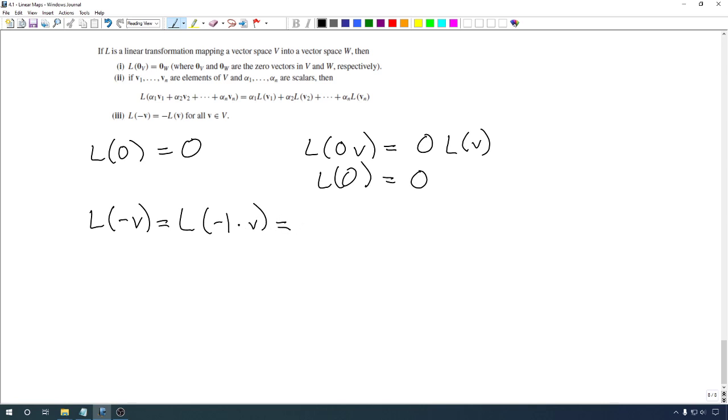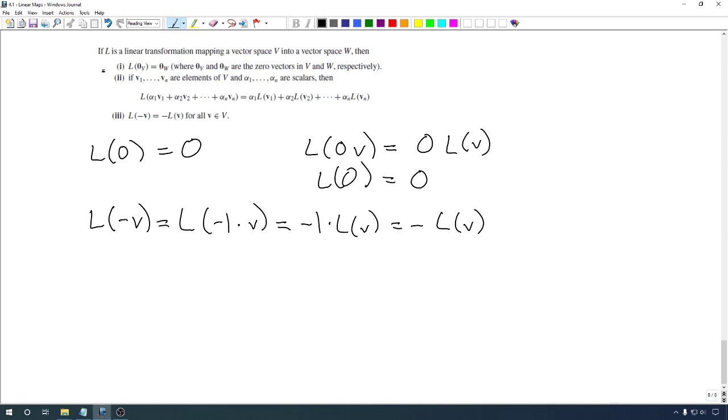We're able to pull out that scalar. And we get negative 1 times L of v, which is just negative L of v. Not too difficult. They're very similar proofs. But this is always going to be true for every linear map.